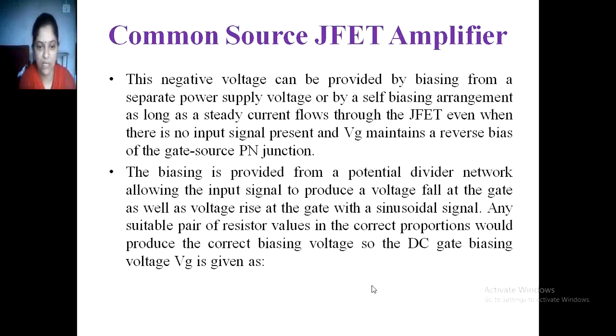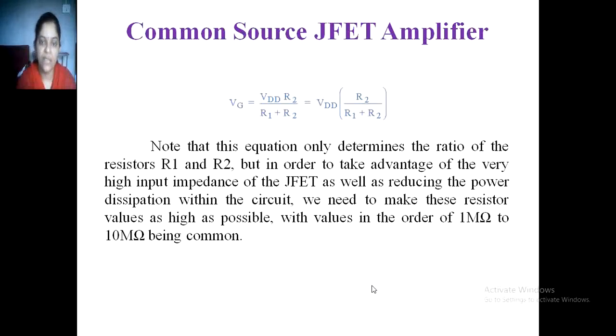The DC gate biasing voltage VG is given as VG equals VDD times R2 divided by R1 plus R2. This equation only determines the ratio of the resistors R1 and R2.